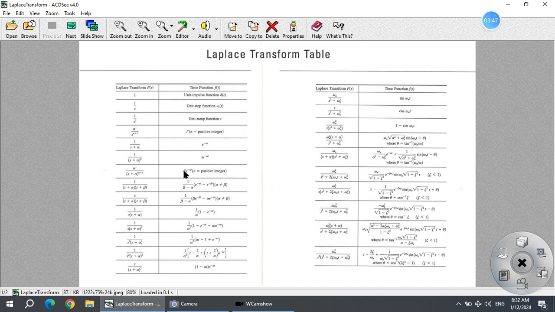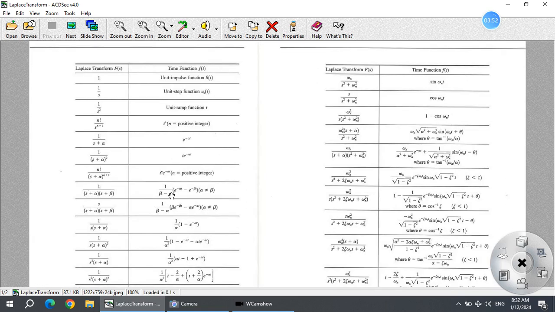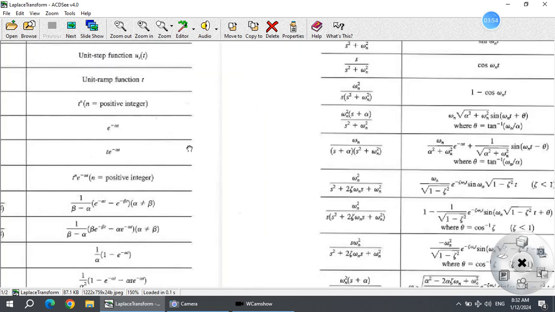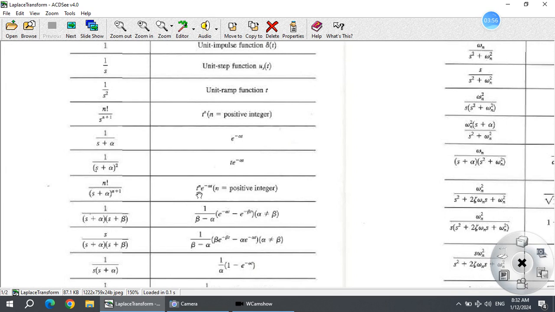Here n is 1. t to the 1 is just t, then times e to the negative 4t. This is our problem, and the result is this one. We need n factorial in the numerator, and the denominator is s plus a with the power n plus 1. Now n is 1, so here is a 2.